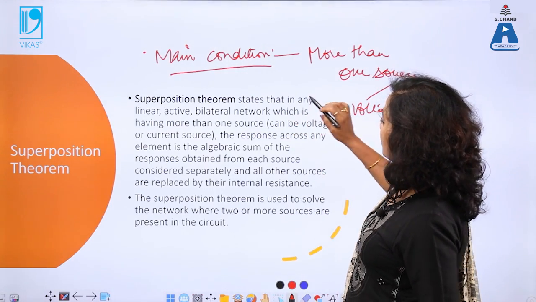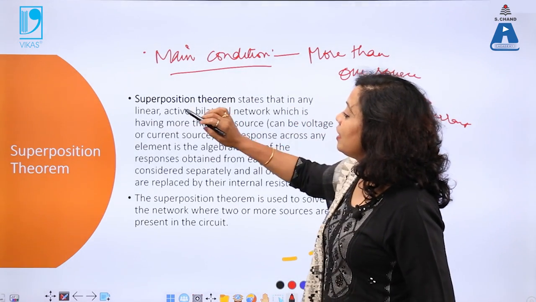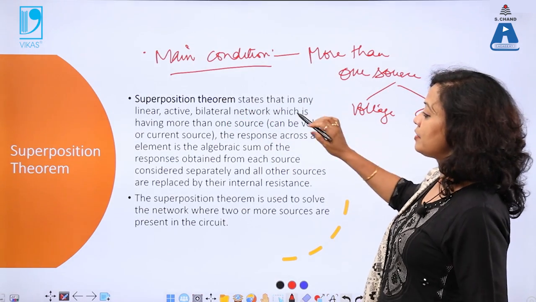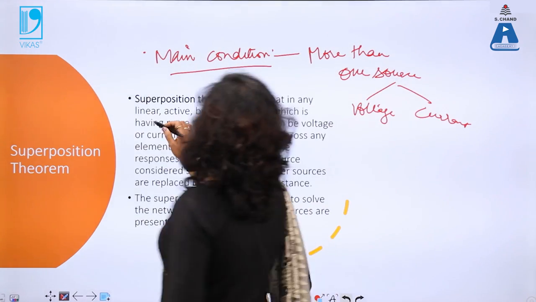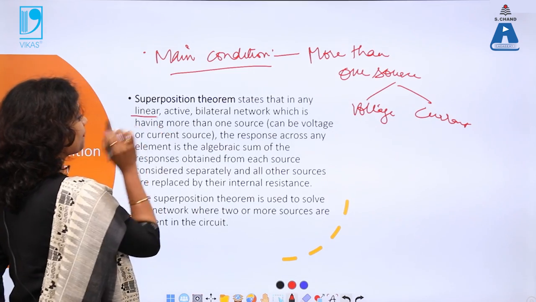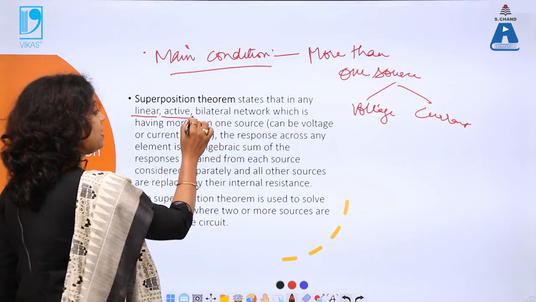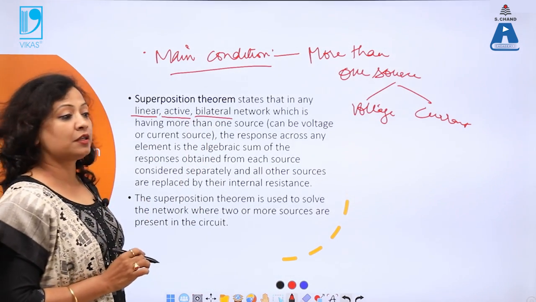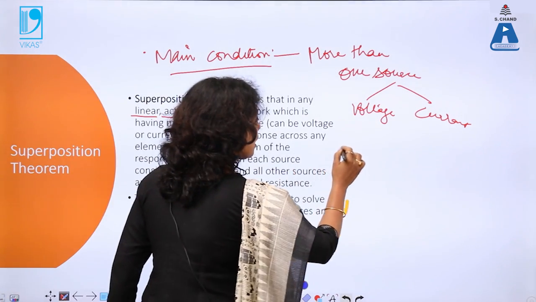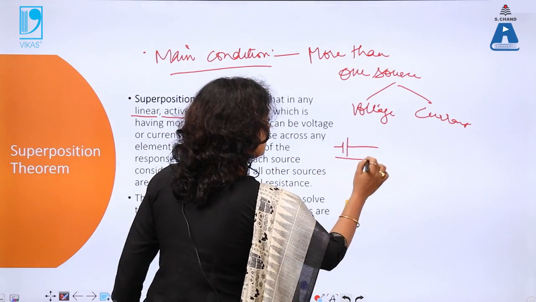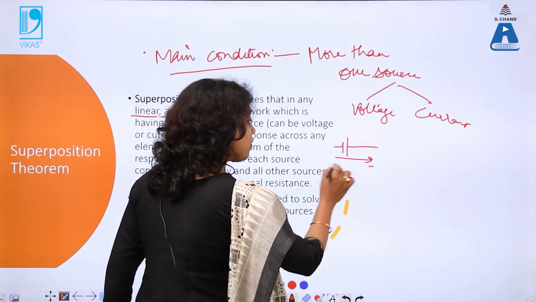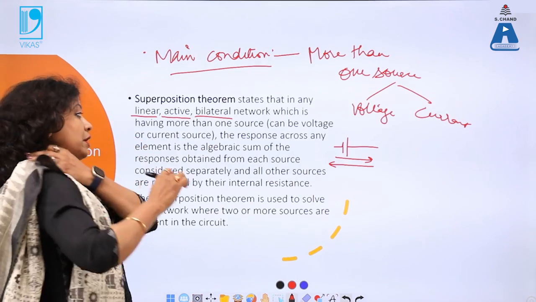So superposition theorem states that in any linear active bilateral network, linear is which follows Ohm's law. Active is where there is at least one EMF source. Bilateral is which can work in either direction. Either direction means I have voltage like this, my current can flow like this, my current can also flow like this based on my other elements.